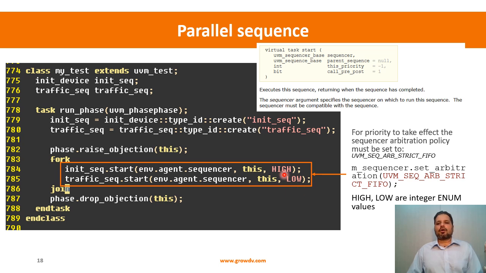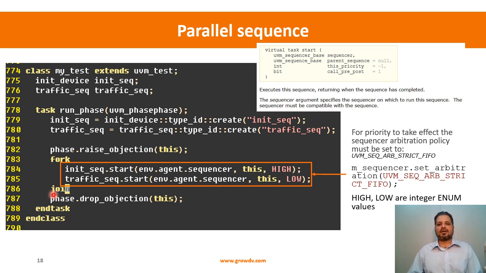For the priority argument, you can pass integer values. In this case I have just declared an enum, high and low, and I am passing the high value, which is higher than the low value. That's all I'm really doing, and I am launching these two sequences in parallel within the fork.